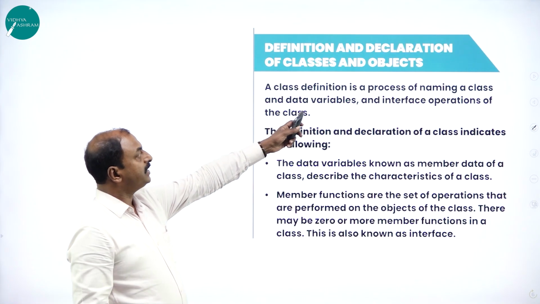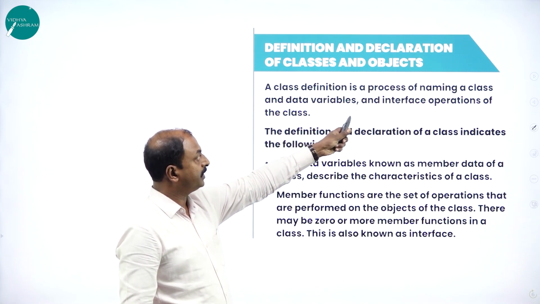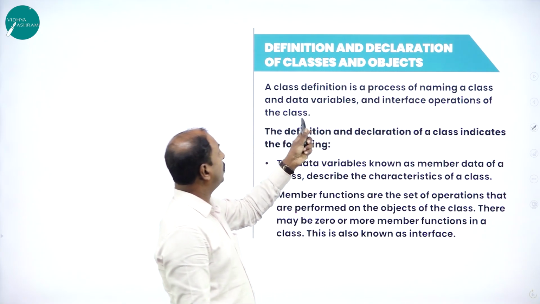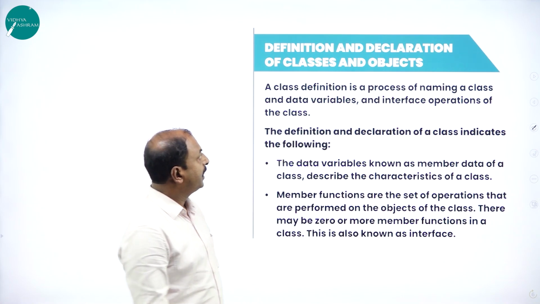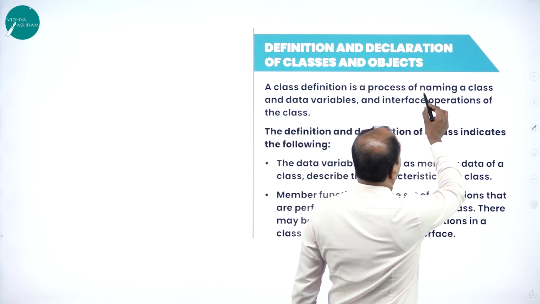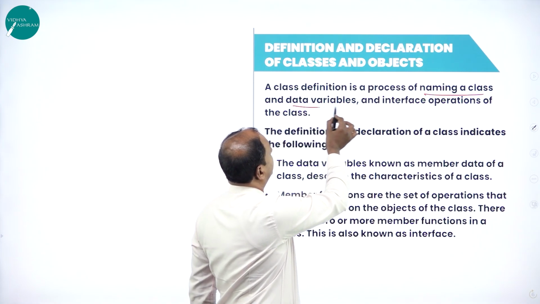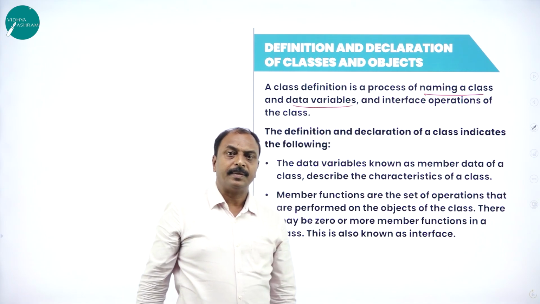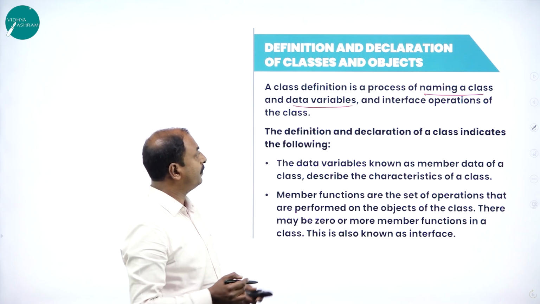Now, a class definition is a process of naming a class, its data variables, and the interface operations of the class. So what is the concept of defining a class? The meaning of defining is that we have to name a class, and also mention the data variables along with the methods or functions associated with this data.